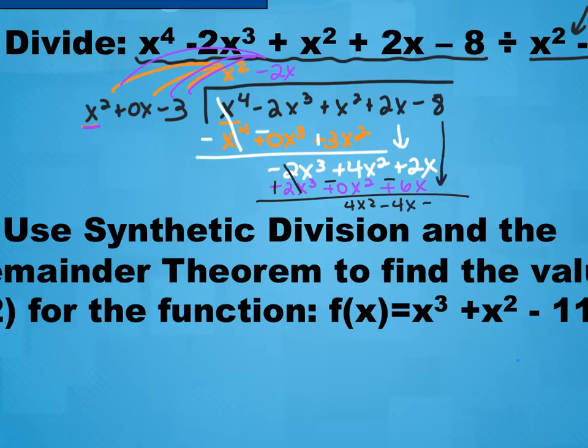Bring down that last one, which is minus 8. And first into first again is a positive 4. Multiply that times each of the terms on the outside. 4x squared plus 0x minus 12. Change your signs. Cancels. Negative 4x and a positive 4 is your remainder.